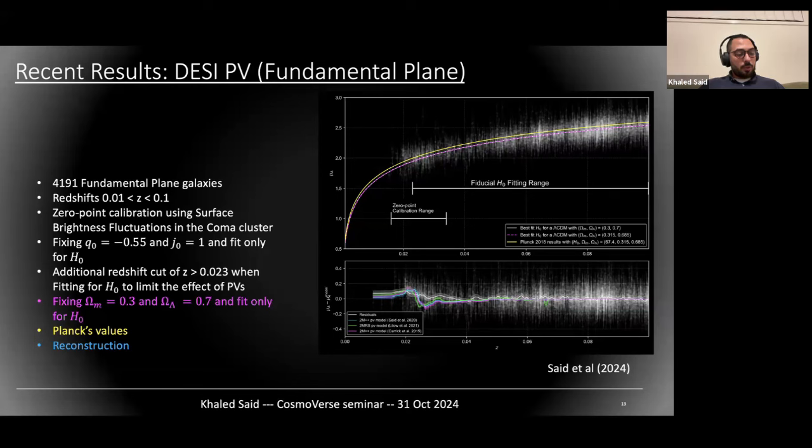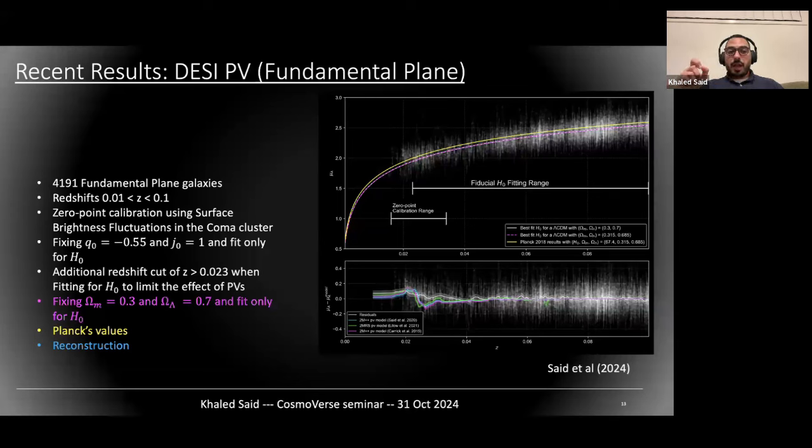So we did also another test. At the beginning, when we did this simultaneous fit, we put the prior to be not informative at all. We left it as a flat prior, between minus 10, I think, and 10 for Q naught, and the same for J naught.